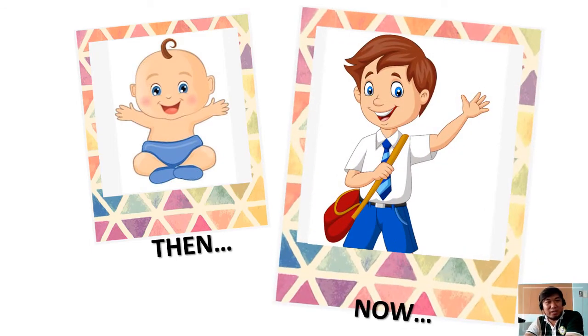So what are the differences you can observe between when you were a baby and now? You are correct. There are many differences, especially in the physical aspects and your different abilities. Let us now discuss the different stages of growth and development of human beings.